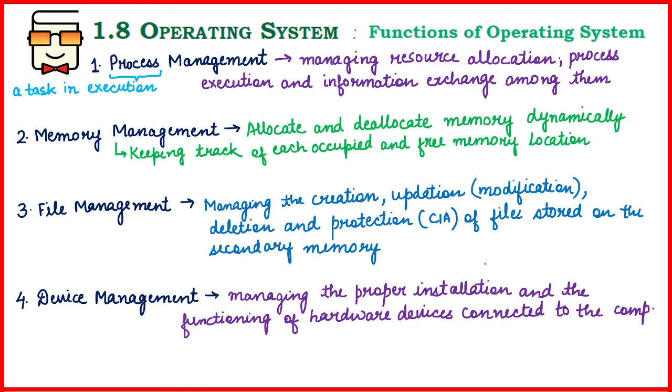Now, this CIA basically refers to the 3 principles of information security you'll be studying in your graduation and post graduation. That refers to confidentiality, integrity, and availability of data that is present in the file system. Okay, so the operating system must protect the files on these principles. The last is device management.